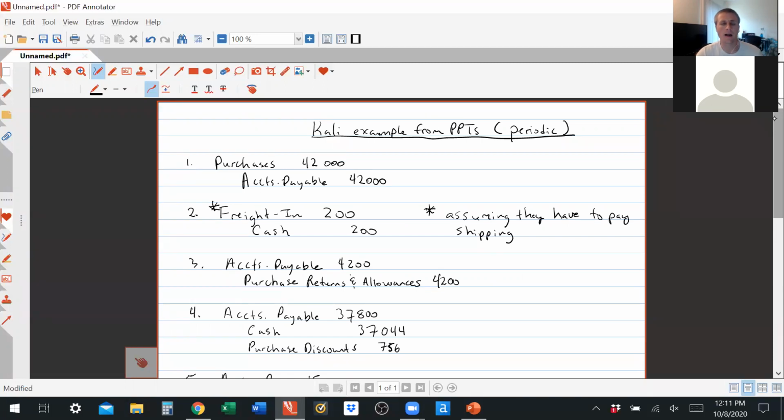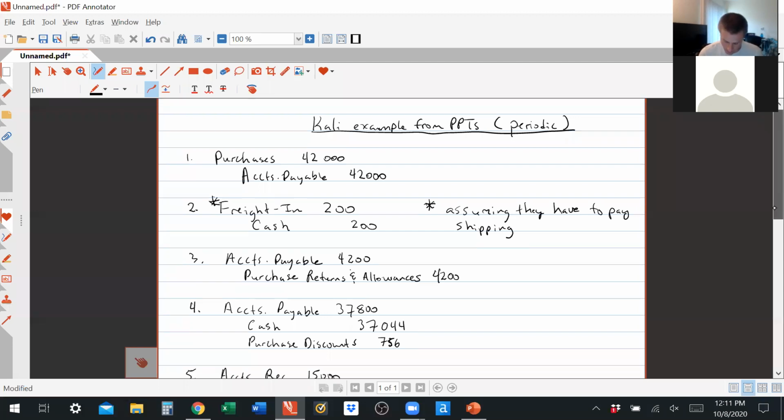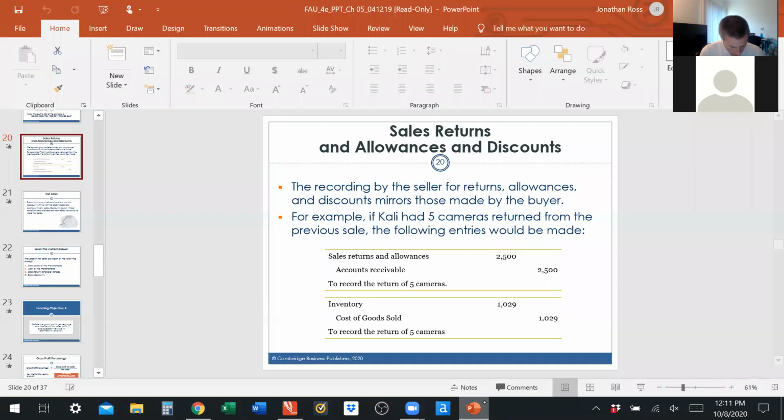Tanya, number 7 doesn't correspond to any slide, because in the slides, they did not give us a slide for when the customer paid Kaylee back. And so I created my own slide. So if there was a slide here, what would the journal entry be for Kaylee?